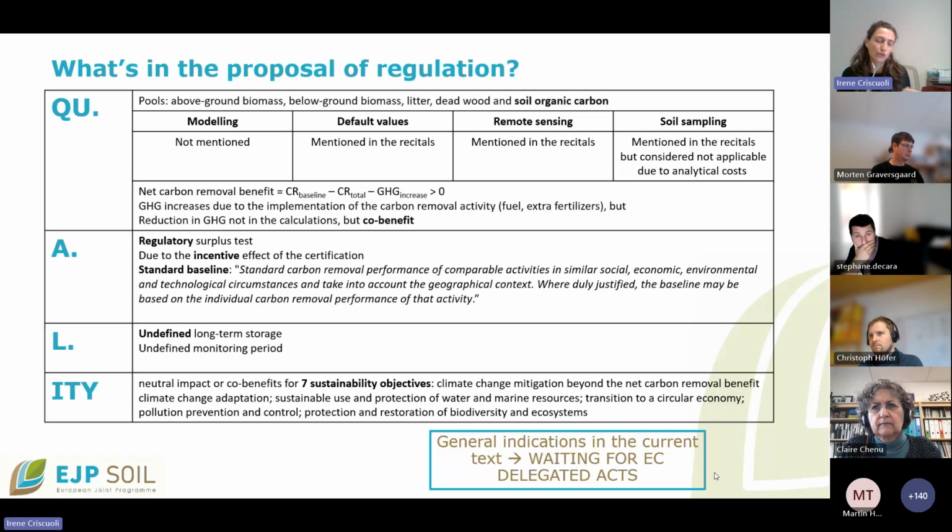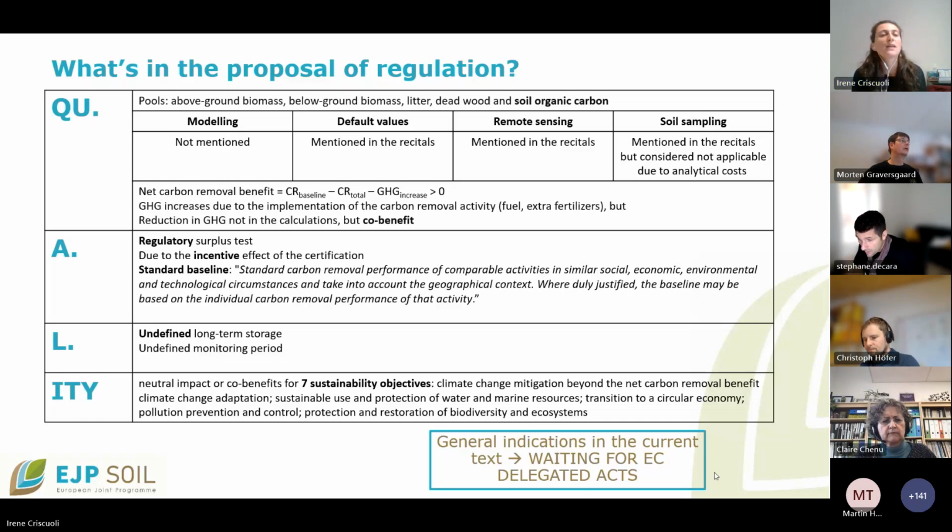In the calculation, carbon removals achieved by a project activity have to be compared with the baseline scenario, the scenario where the project is not applied. And it is interesting to notice that greenhouse gas emissions other than soil organic carbon stored in soil or biomass, so nitrous oxide and methane, are at the moment not included in the calculation, but are only considered as co-benefits.